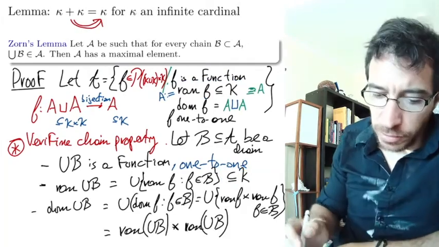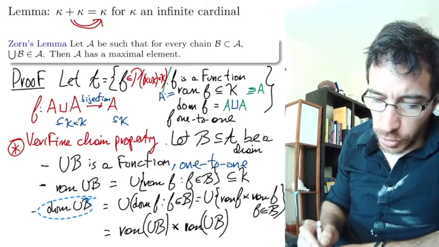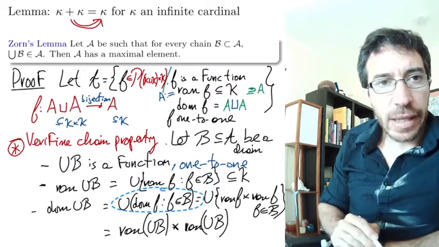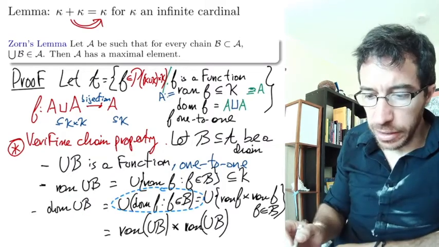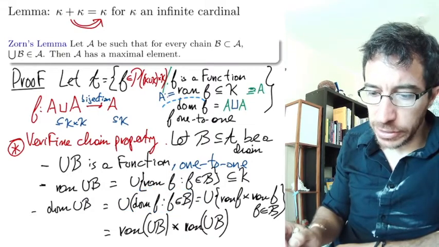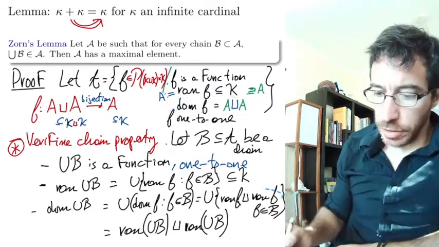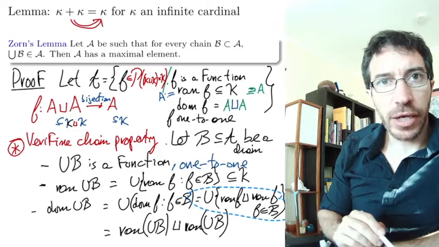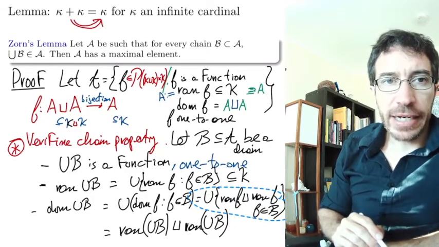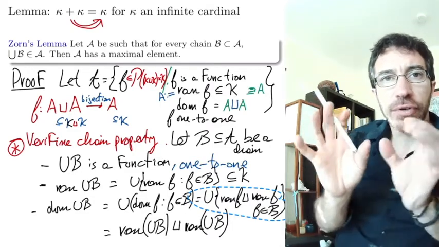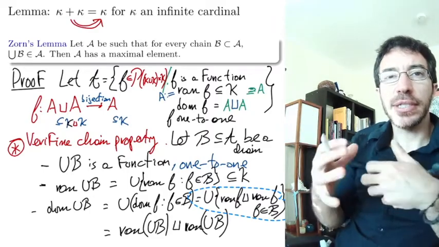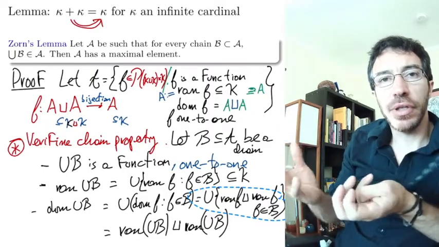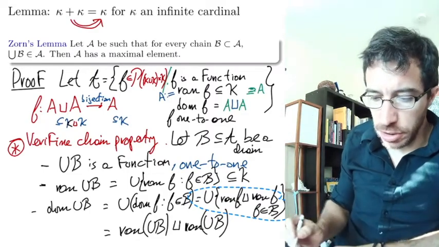Well, the domain, we know that the domain is going to be the union of the domains also. And we know each of these domains is equal to the range union the range of each of the functions in the chain. And a union of a bunch of disjoint unions essentially is a disjoint union of the things in the bunch, right?